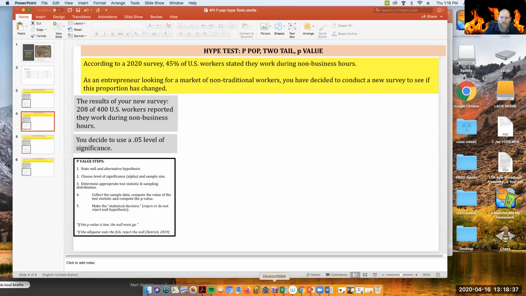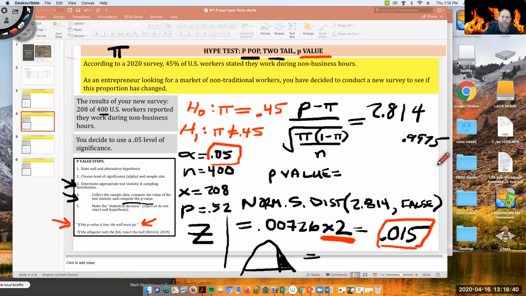Okay, so let's bring all this stuff back up. That's why I didn't want to erase it, but to talk about the whole alligator thing. So we have alpha of 0.05. And that's what I like to do. Actually, let me write it differently. Okay, so I like to put alpha and put the little fishy here, and then I put p-value, just to line all this up.